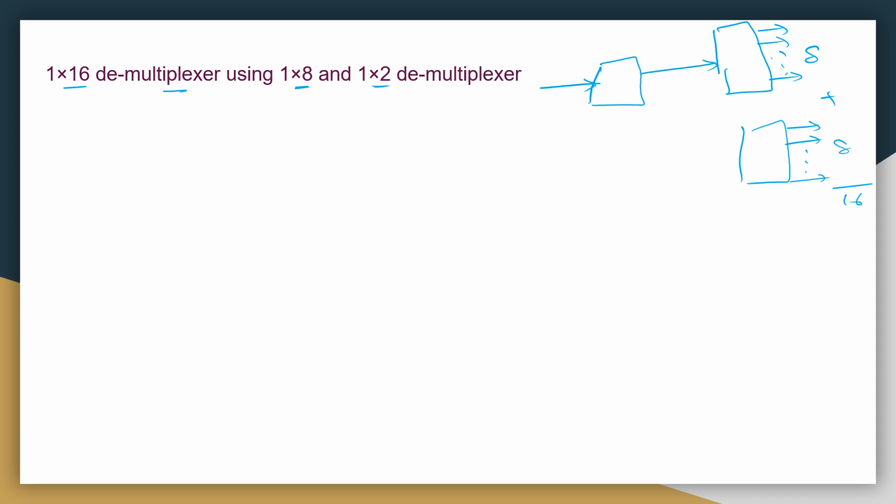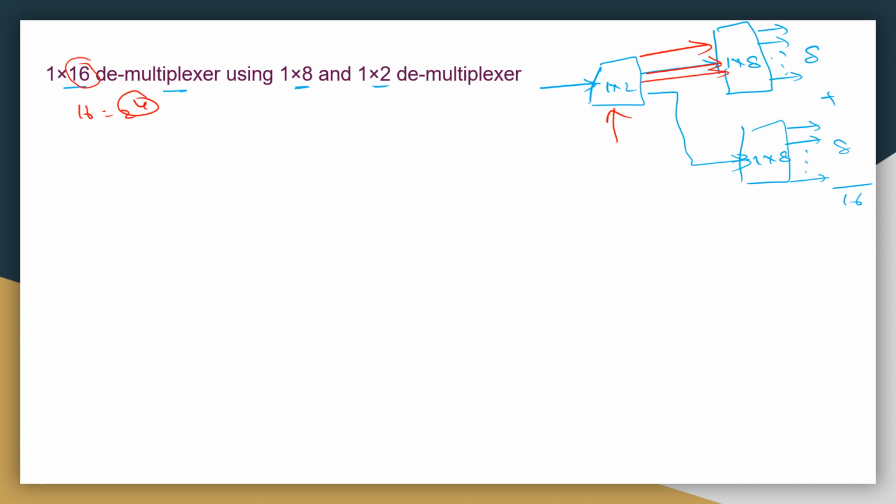Next, about selection lines, for 1 is to 16 we need 16 is 2 power 4, so totally 4 selection lines. Out of 4 selection lines, 1 is here, remaining 3 here.